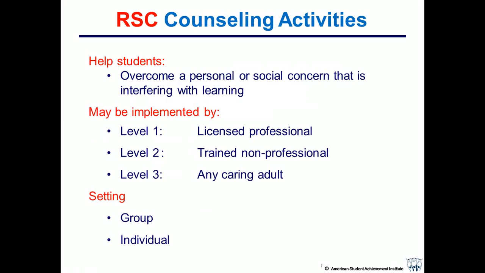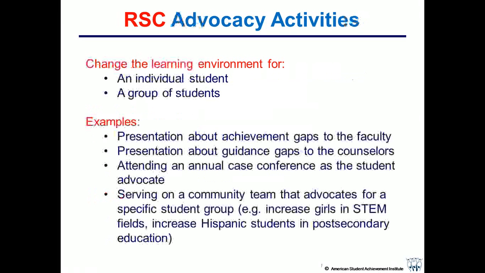And then Level 3 are interventions that any caring adult can do, things like moving a student's seat or doing a homework log or whatever. It doesn't require any training, confidentiality, or referrals to do that type of intervention. Also reminding people that counseling can happen in a group setting or individual.